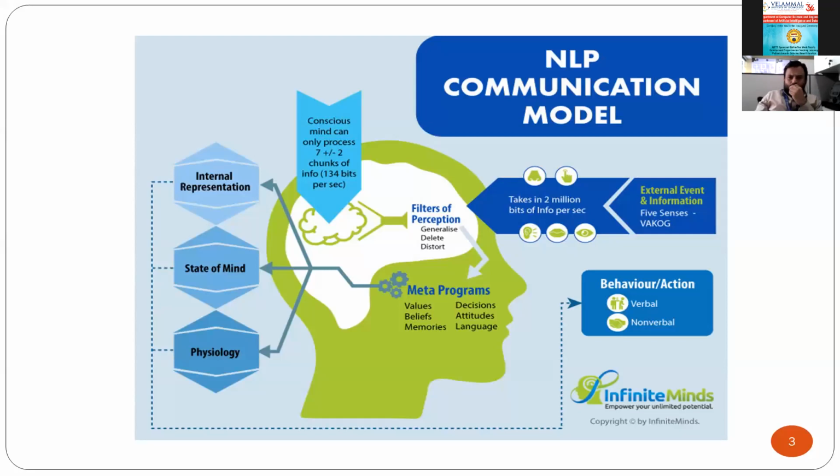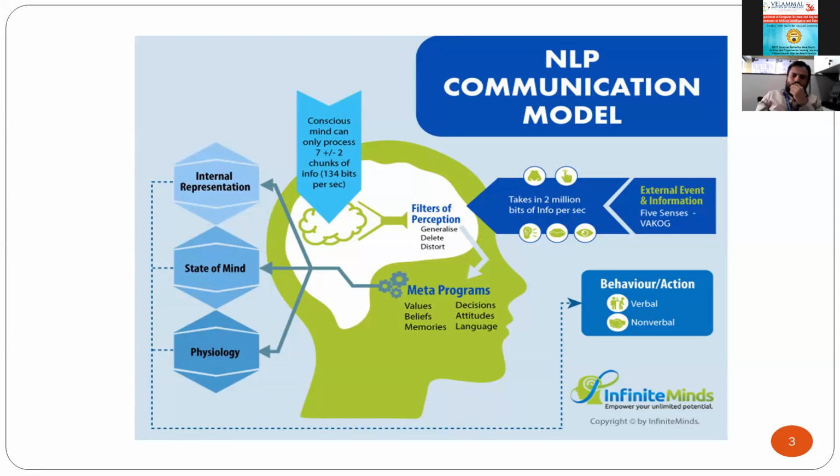Okay, so like that, learning is also converted into an internal representation, state of mind, physiology, and finally that learning outcome will be executed in a different manner, as behavior, action, or any other learning performance like that.